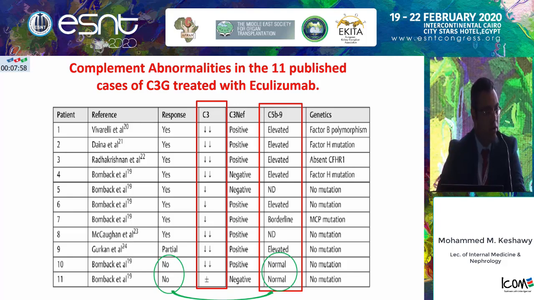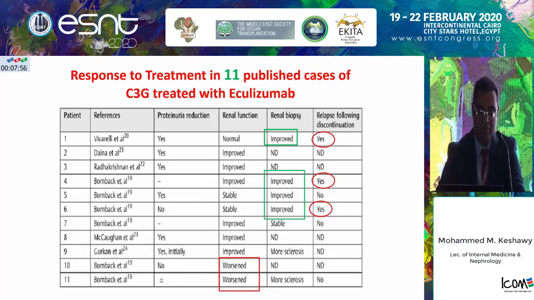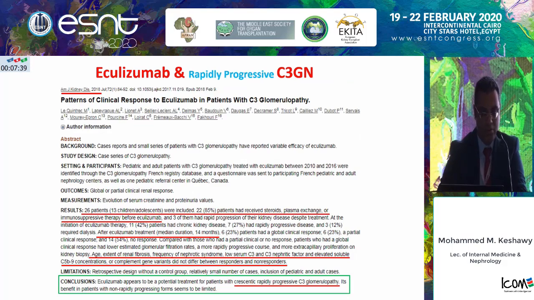They are actually normal. That was surprising. In the same cohort, 4 of the 11 published cases showed histological improvement with eculizumab, and 3 of the 11 actually relapsed after discontinuation of eculizumab.